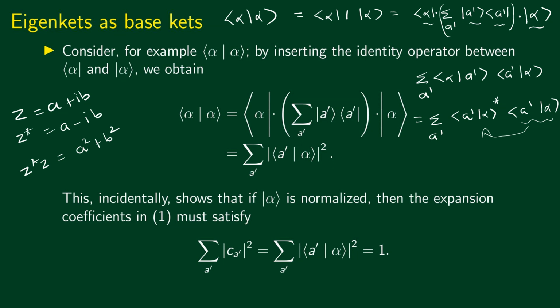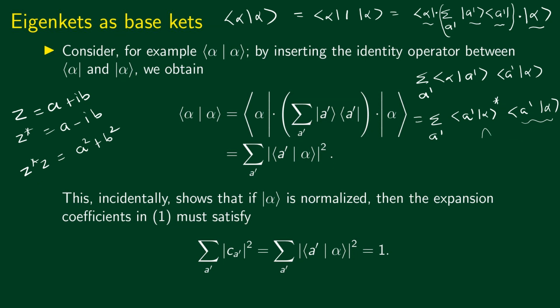We see that this is positive definite. A complex number multiplied by its complex conjugate is positive, unless the real part and imaginary part are zero, but we are not talking about such a complex number. For a general complex number, z star z is positive definite, giving a positive real number.